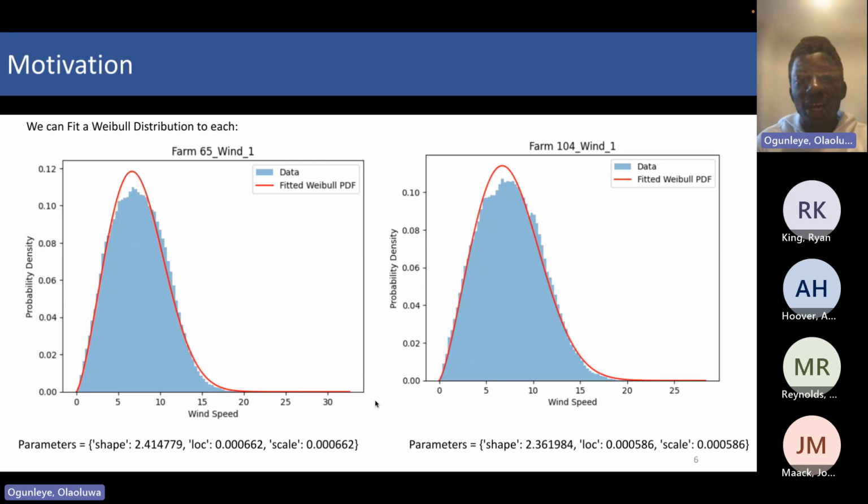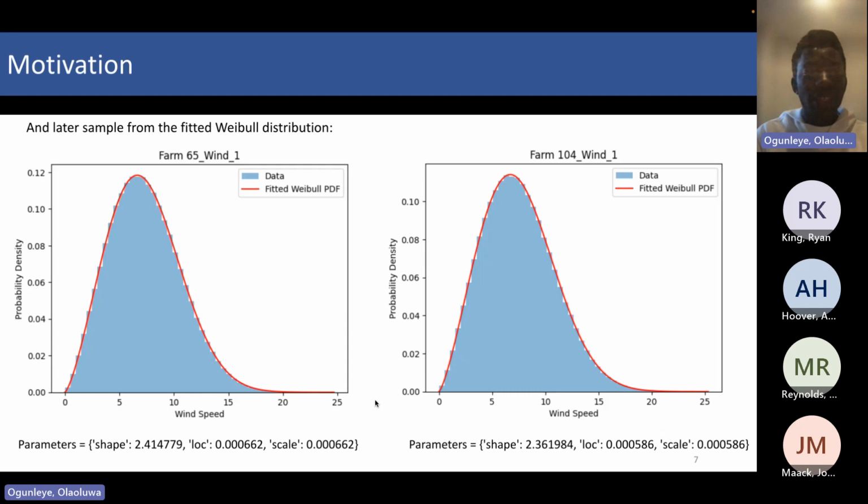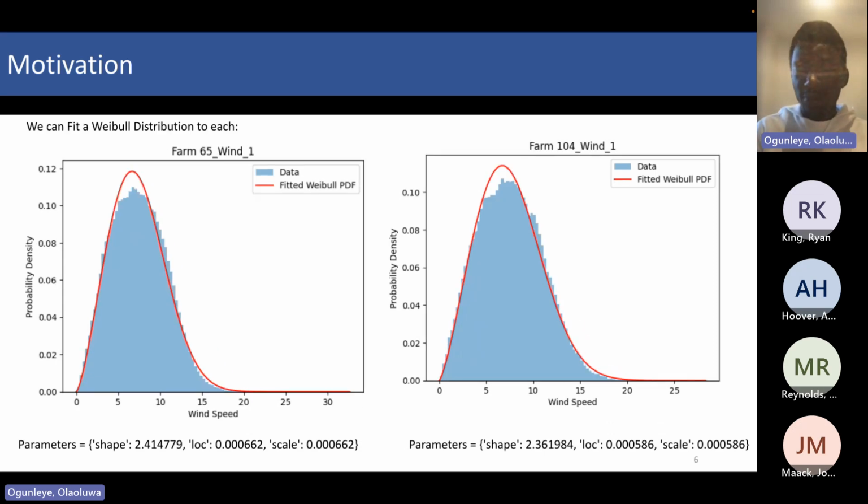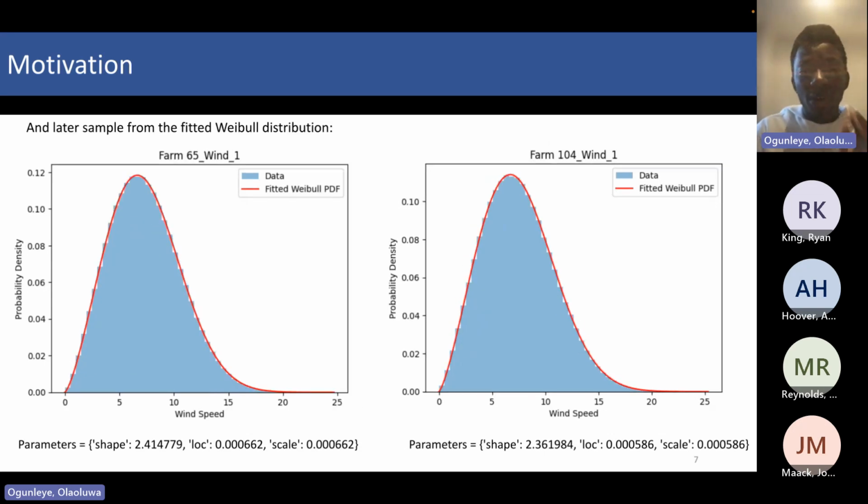And now from this distribution, we can sample. I can sample at any time and over any number of elements. When I sample, we can have something like this, which is a pretty good sampling from what we have here. However, the question that we have is, does this sample represent the correlation between the wind farms?